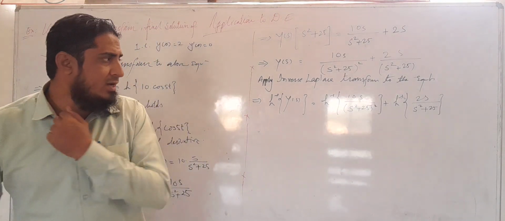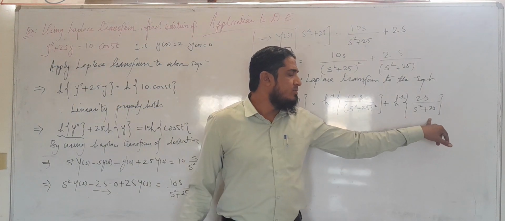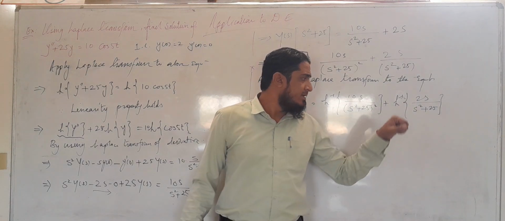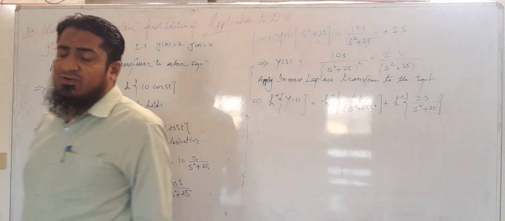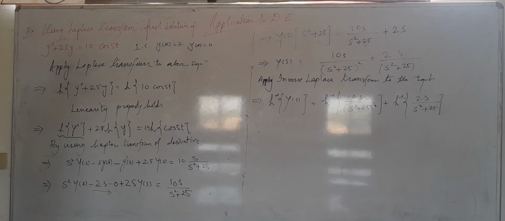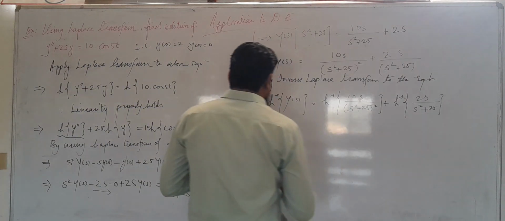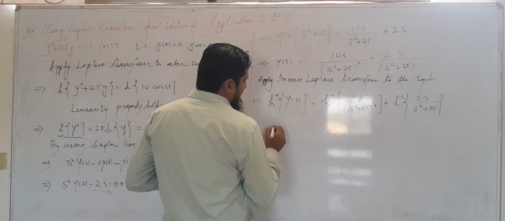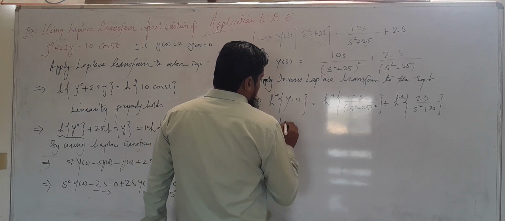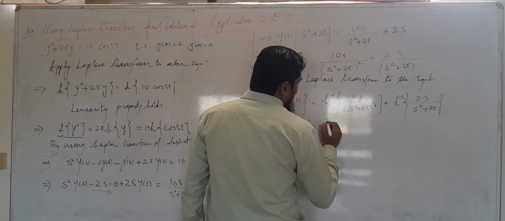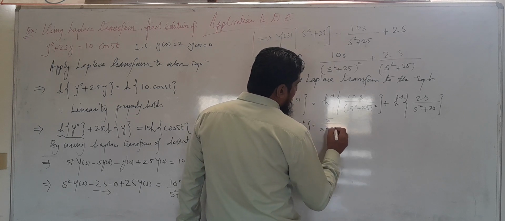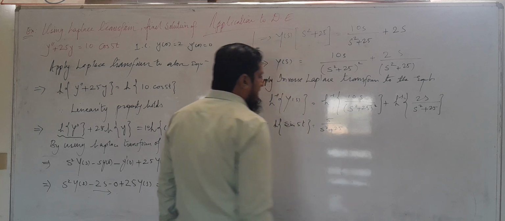We can apply the formula directly for cos 5t, but we have 10s upon s square plus 25 bracket square, so to get the exact value, since we know that 5 upon s square plus 25. Correct?